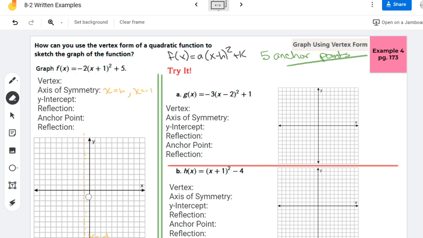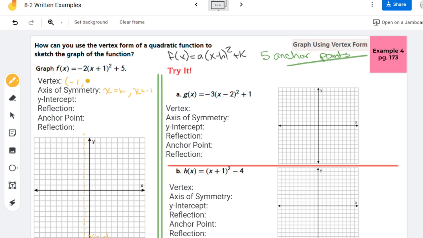Now, when you're graphing, it's always a good idea to label things as you're putting them on the graph, because then you know what you intended to happen and where things should go. So you'll notice I wrote x equals -1 for that axis of symmetry, just to remind myself what it was. Now the vertex lies on the axis of symmetry.